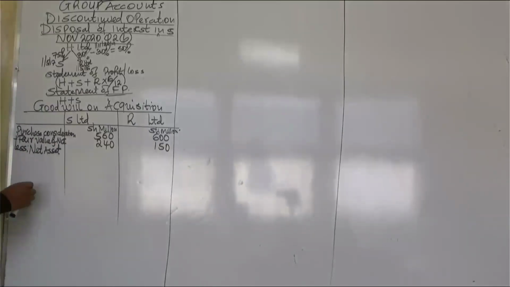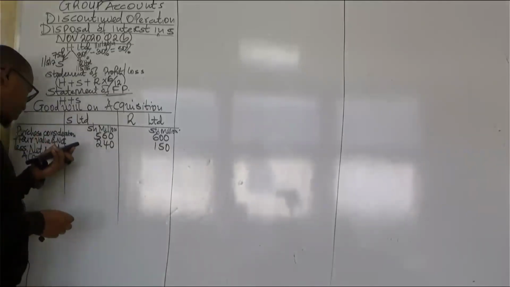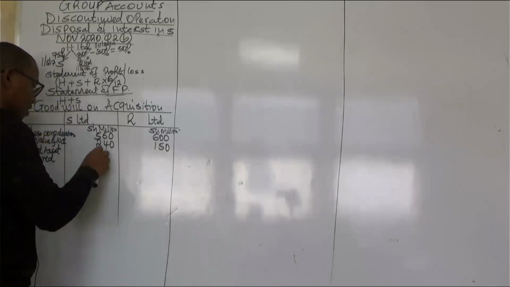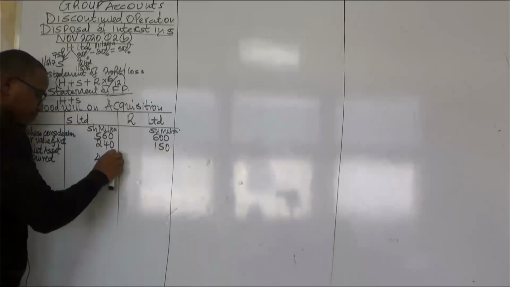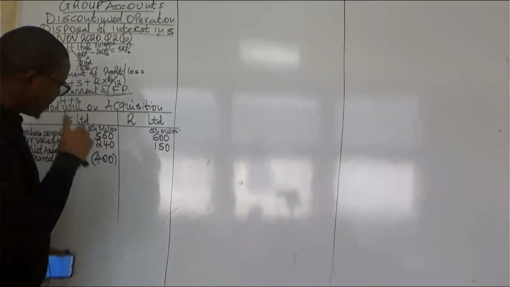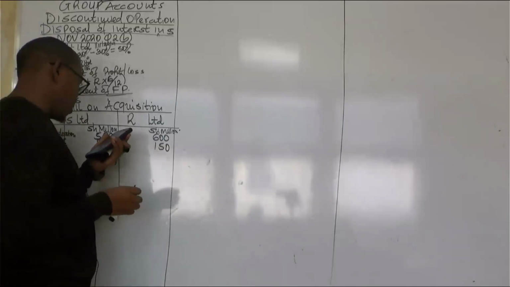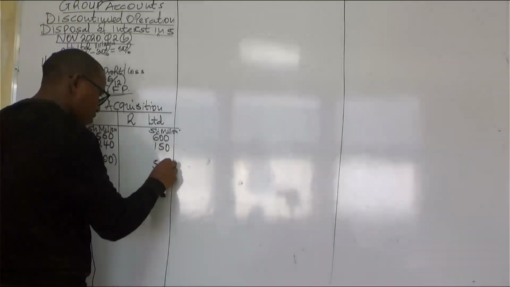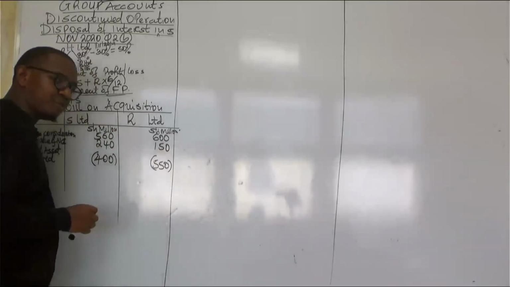Now, net assets acquired. What was the fair value of the net assets here? We were given them as a whole. On number one, the fair value of identifiable net assets was 400. On the other question, the fair value of identifiable assets was 550.